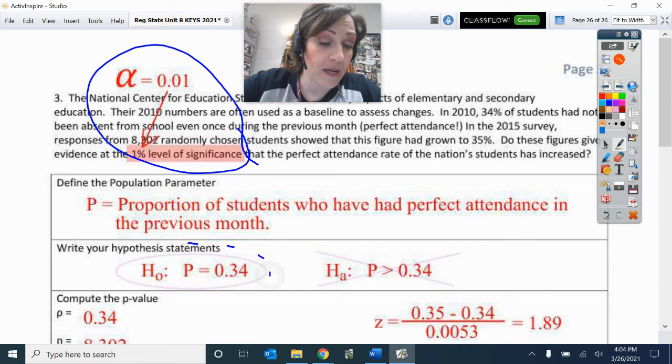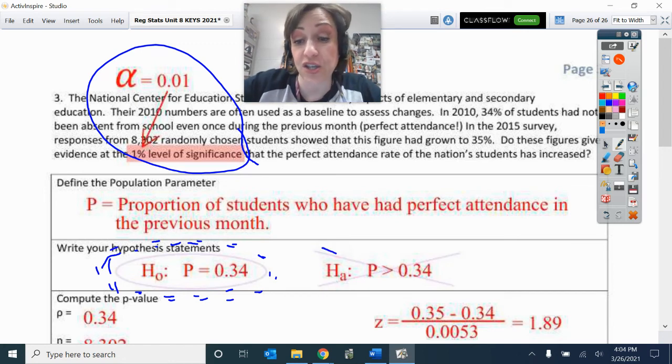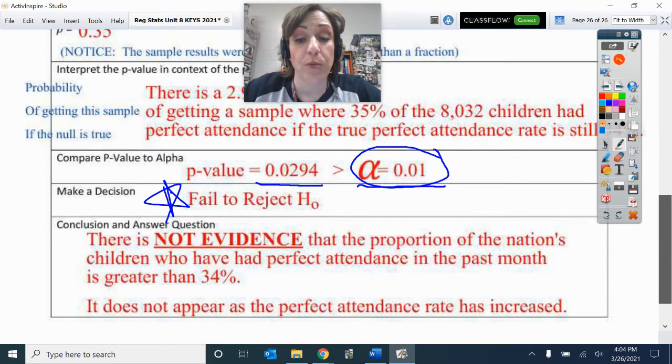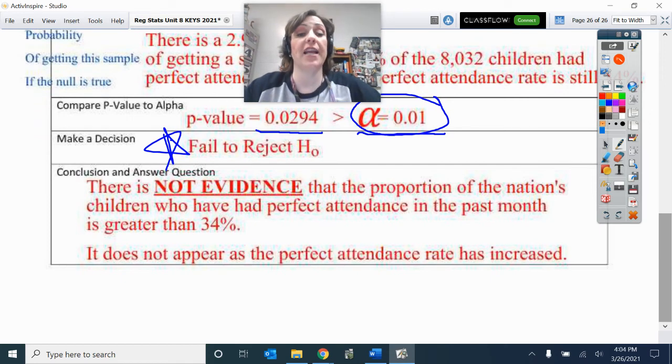I'm not going to say the null hypothesis is true, but it will hold in place because I did not have evidence to reject it and say that the proportion of students who have had perfect attendance in the previous month has increased, gotten greater than 34%. There is not evidence that the proportion of the nation's children who had perfect attendance the past month is greater than 34%. So it does not appear as though the perfect attendance rate has increased.